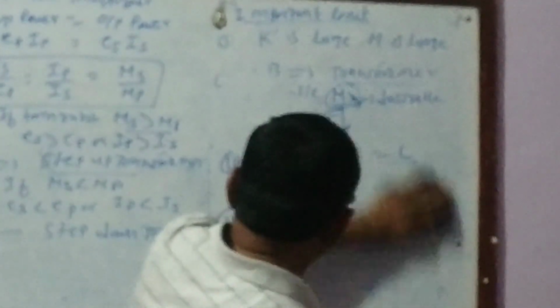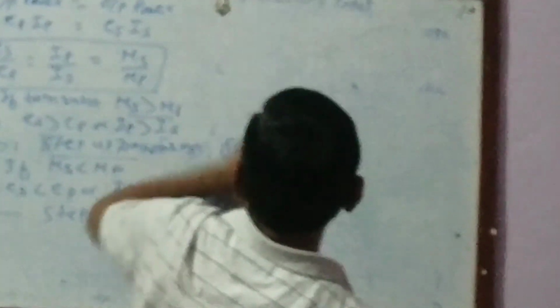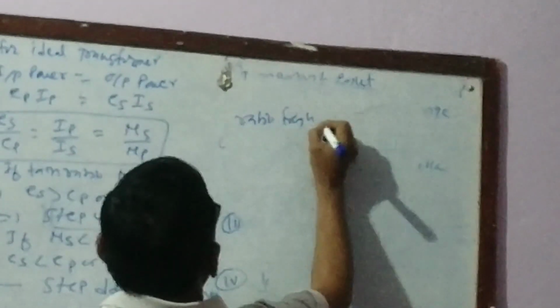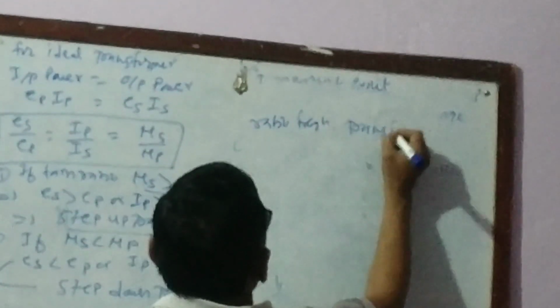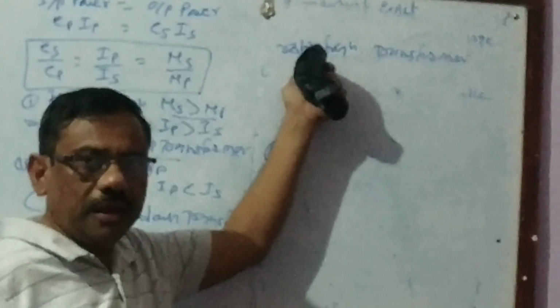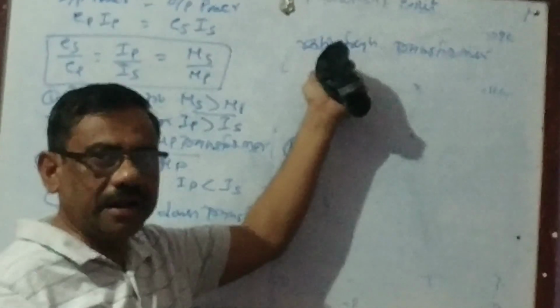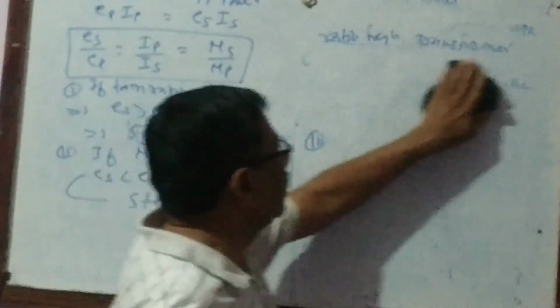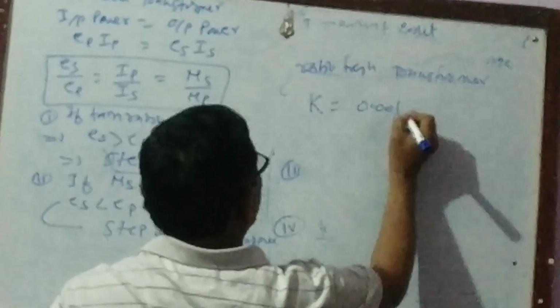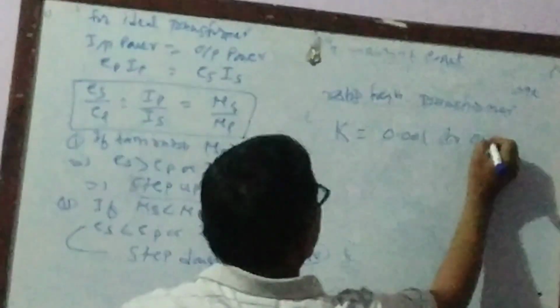For example, let us see a radio frequency transformer, and such a transformer is used for telecommunication in TV transmitting and TV receiving stations, and the value of K changes from 0.001 to 0.05.